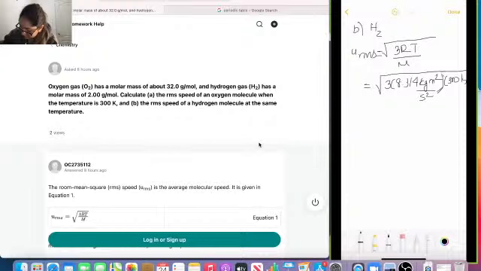Okay, so it's given the molar mass of hydrogen gas, and we're also going to convert this to 2.00 grams per mole, and we're going to multiply this by 1 kilogram over 1,000 grams.